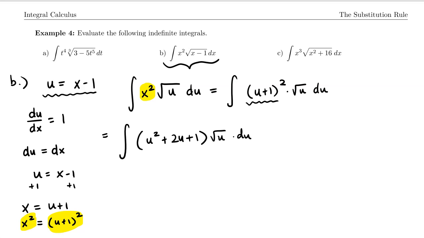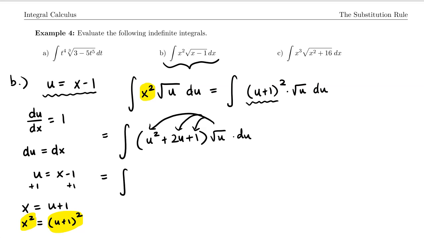Because on the outside I just have the square root of u, I can distribute it into each of these terms, and if it helps you multiply, remember the square root of u is the same thing as u to the 1/2 power.